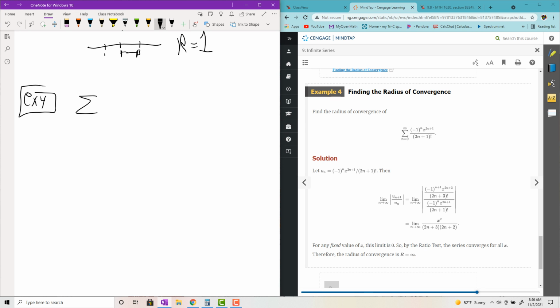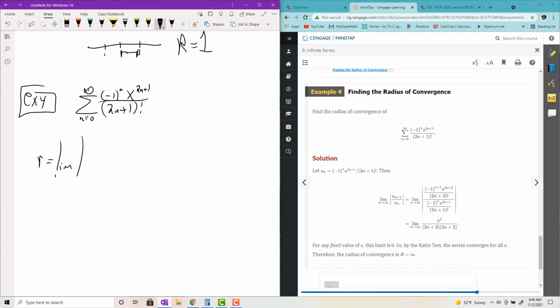So we have the series (-1) to the n times x to the 2n plus 1 all over (2n plus 1) factorial, going from n equals 0 to infinity. Again, ratio test, limit, absolute value. So the absolute value will eliminate the (-1) to the n plus 1 and the (-1) to the n. All that will just be annihilated by the absolute value.